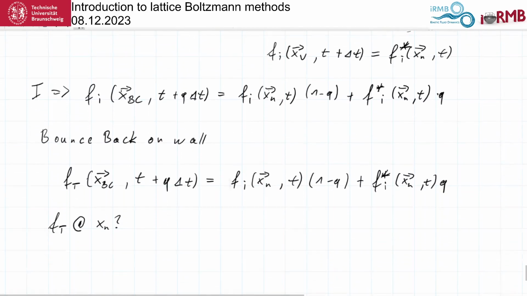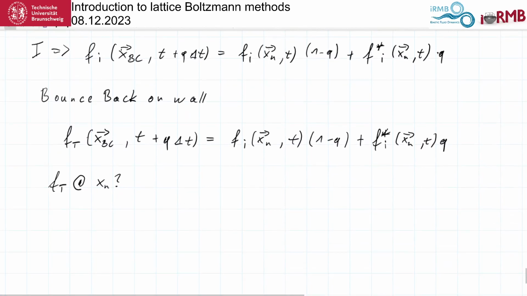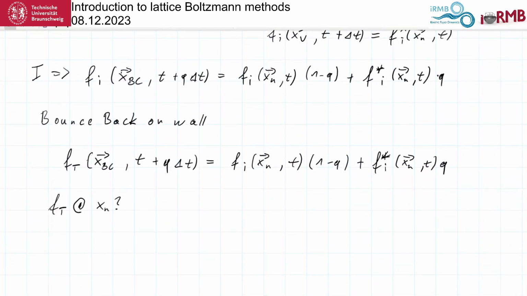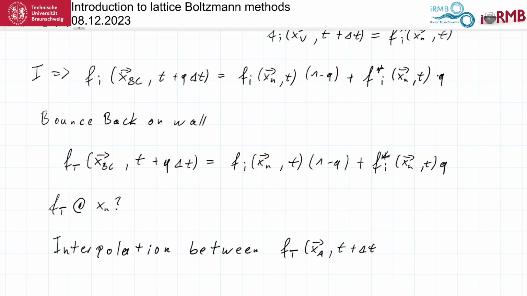So we do the interpolation, between this fi at the neighboring node, which I call A here, at the next time step, delta t, and the one that we know, fi over bar at xbc, t plus q delta t.